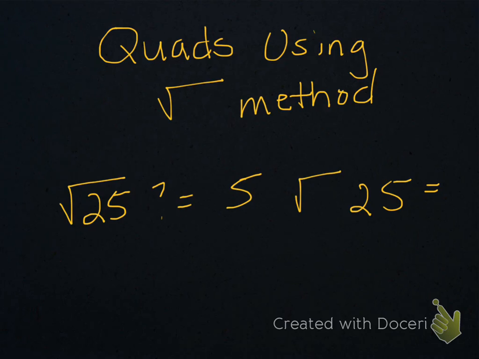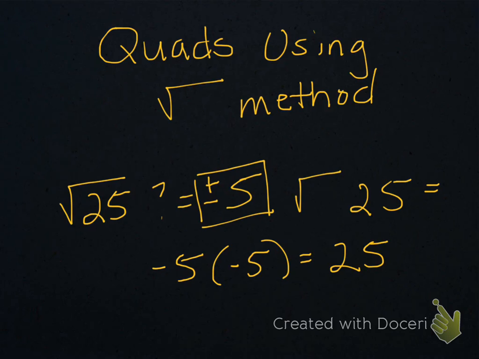But I have to tell you, that's just the positive root, meaning there's another root that we don't usually mention, and that's the fact that a negative 5 times a negative 5 is also equal to 25, which means that the square root of 25 is actually equal to what we call a plus minus 5, meaning the answer is not only positive 5 but negative 5, because every root has a positive negative possibility, you could say.